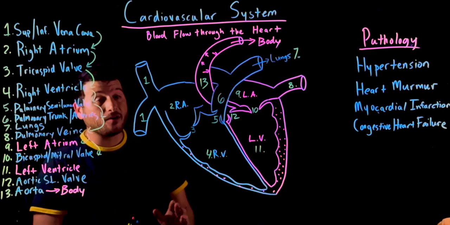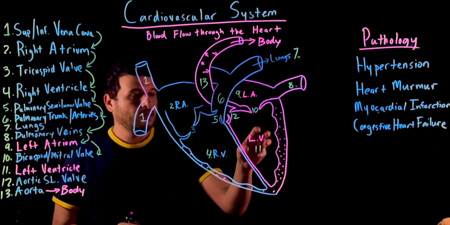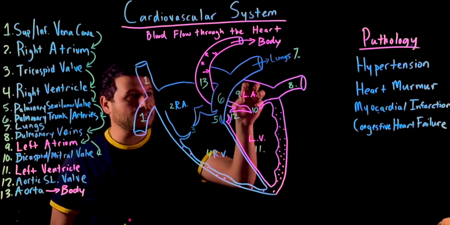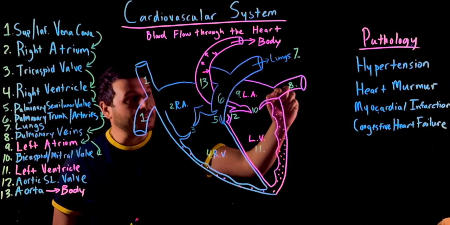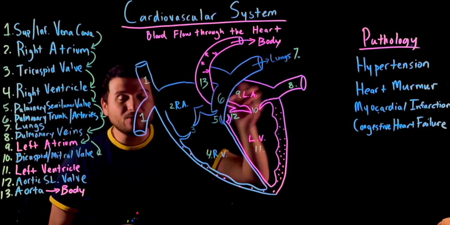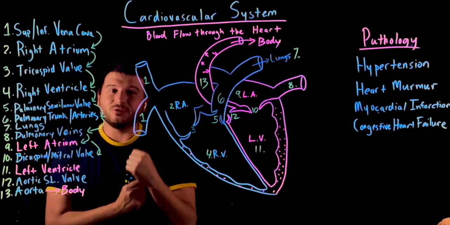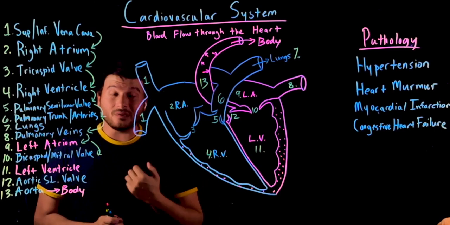What if the congestive heart failure is on the left side of the heart? Well, if it's congested here and it's congested here, then it will get congested in these pulmonary veins. And if we follow those, where do those pulmonary veins lead to? They lead to the lungs. And you start getting congestion in your lungs.